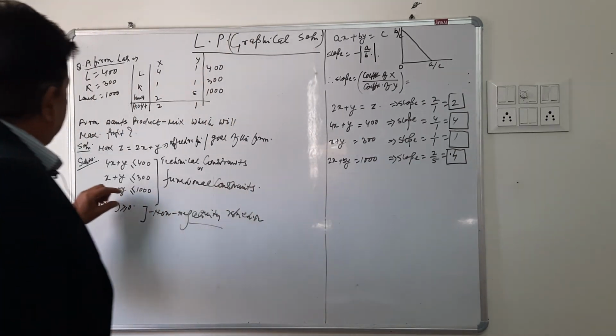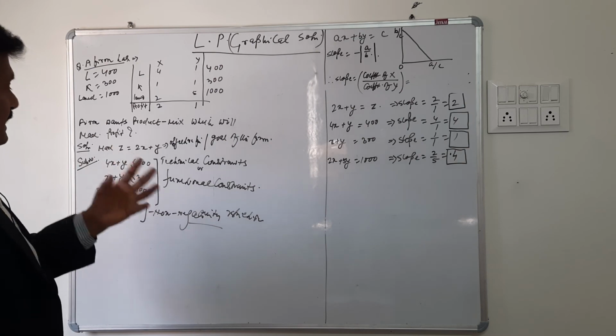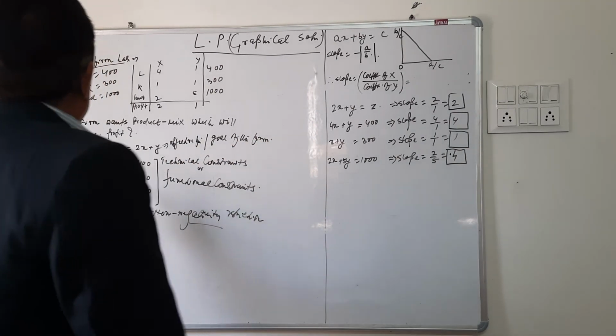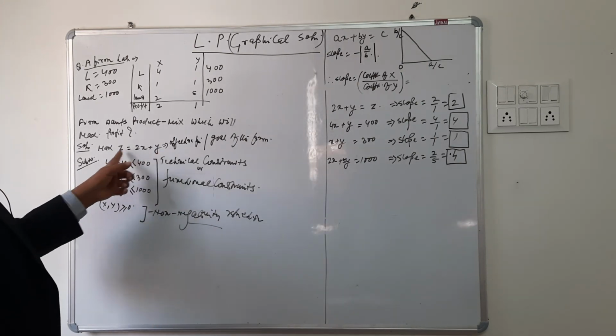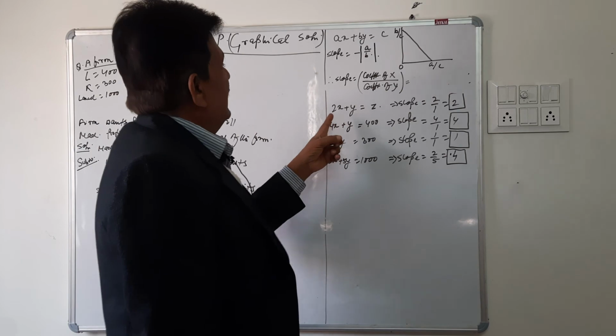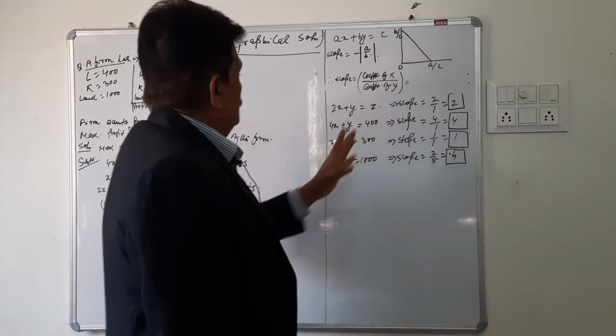Now these three lines will be plotted and we shall need the slope of each line. First is the objective function; its slope would be the coefficient of x by coefficient of y, that is 2 by 1, 2.